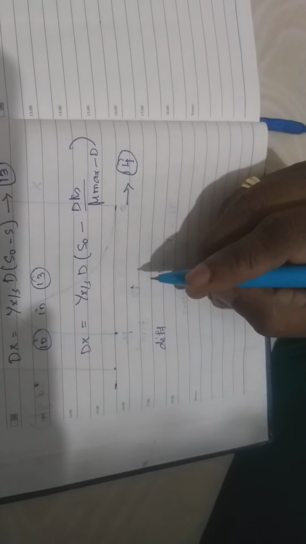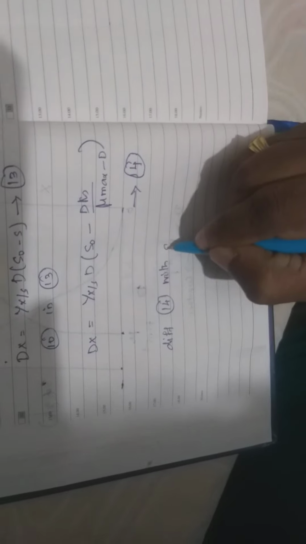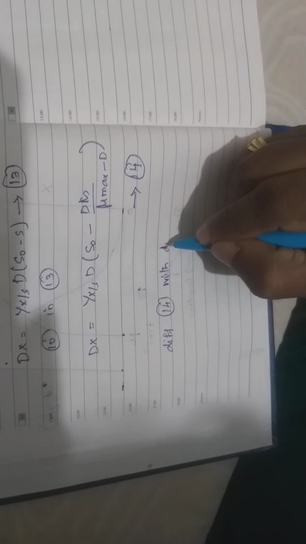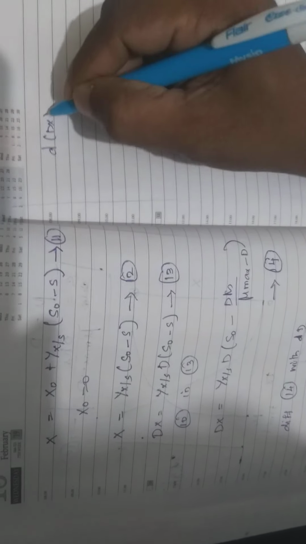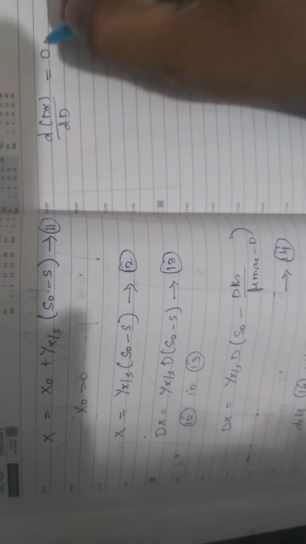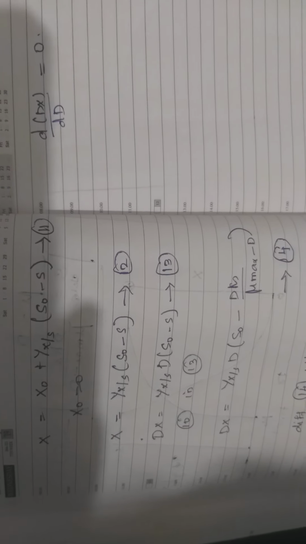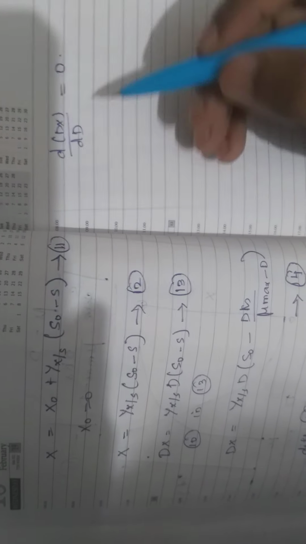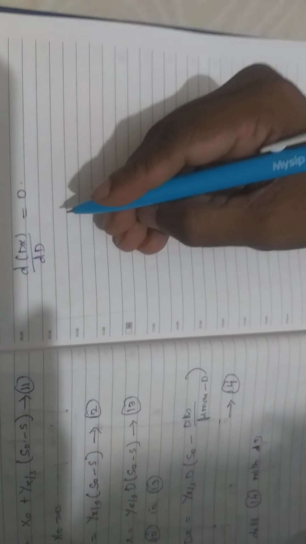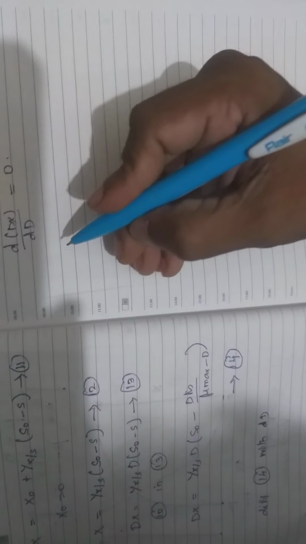Differentiate equation 14 with D, the d of DX divided by d of D is equal to 0. Then we can simplify this equation 14.